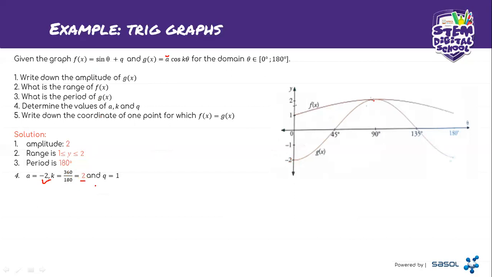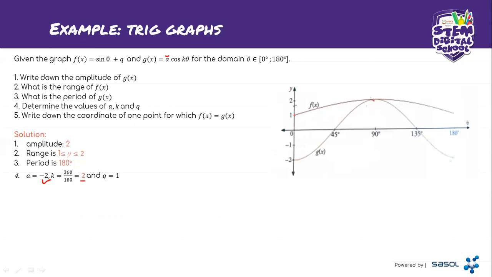And then of course the value of Q, which is equal to 1. And then you can see the graph. Normally the graph of sine starts here at 0, but now you can see it shifted up there to +1.